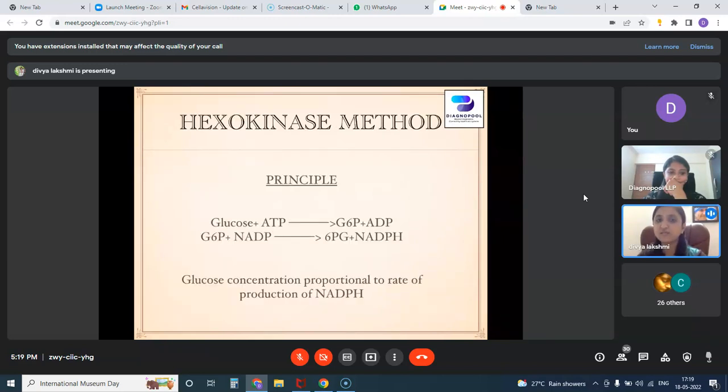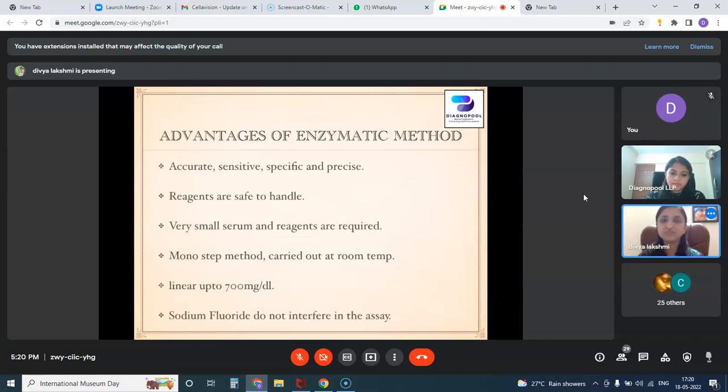Next is the hexokinase method. In hexokinase, first the glucose combines with ATP and produces glucose 6-phosphate and ADP, and this produces the final product, NADPH. How much NADPH is produced is directly proportional to the amount of glucose, and that value is displayed by the machine.